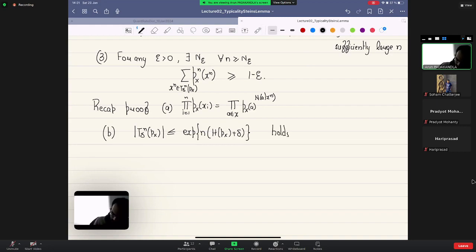Okay. So the idea is that you know that the probability with respect to Px of T delta n Px, this we know is at most 1, right? This is at most 1. And each element has a weight, right?